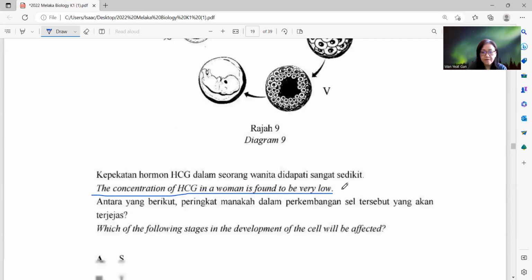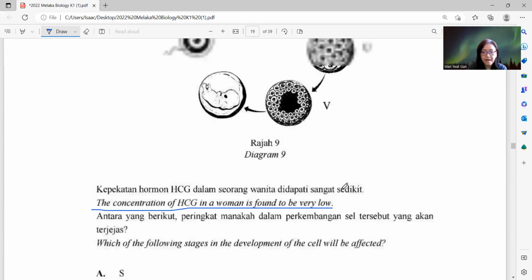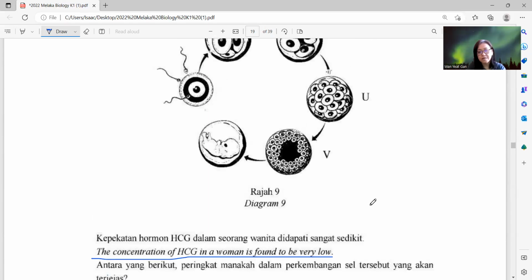If the HCG is going to be less, then of course the embryo that has already implanted into the endometrium, the wall cannot continue to be thickened.